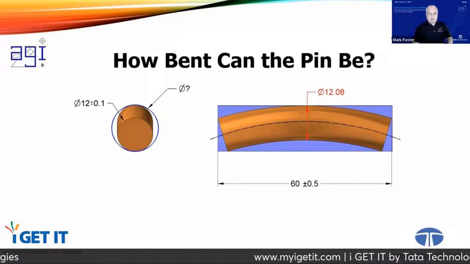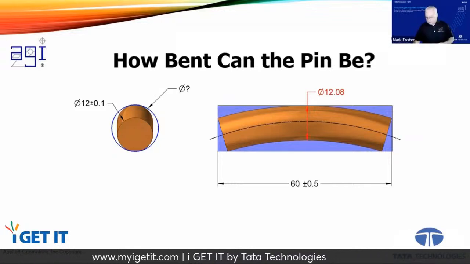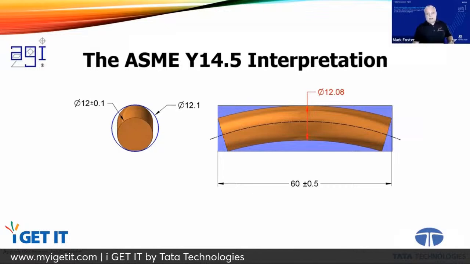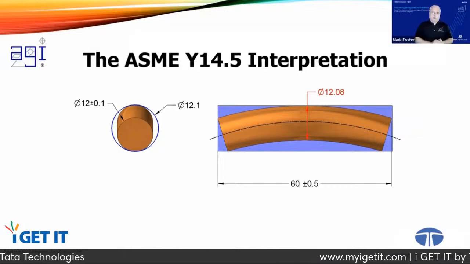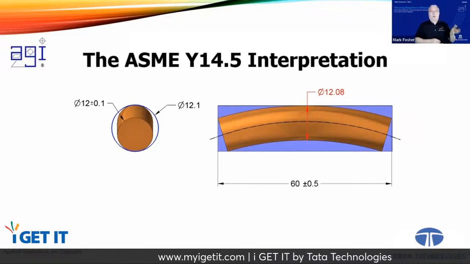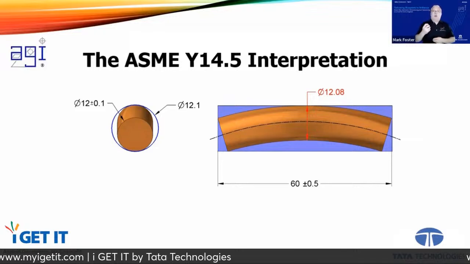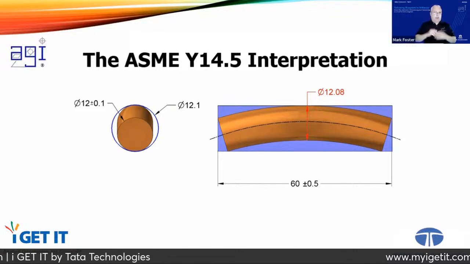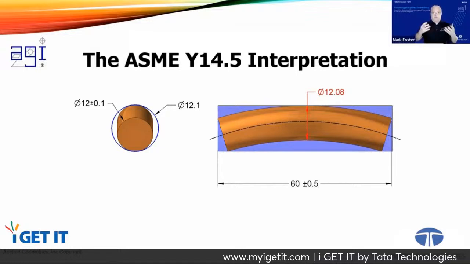Well, without a standard, either interpretation would be completely correct. That's why we need a standard. We want one interpretation of what it means. And the Y14.5 standard says, yes, whatever the limit of size was, in this case 12.1, that limit is also defining a perfectly formed envelope within which this pin must fit.